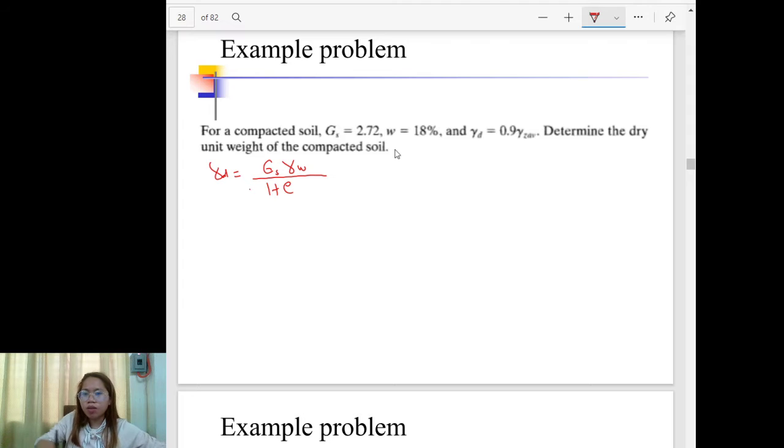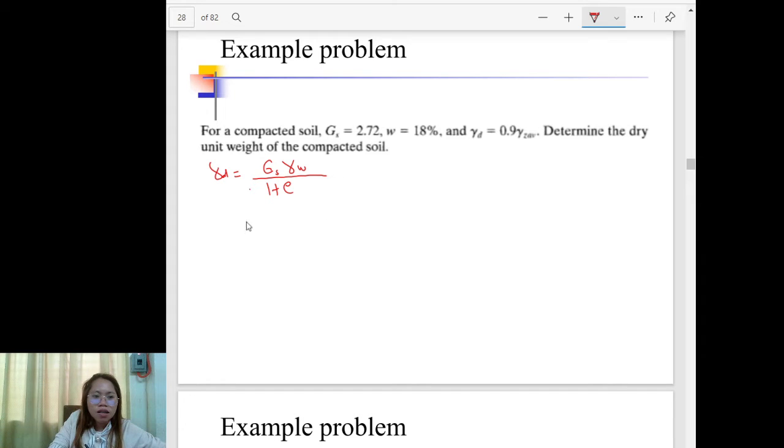But for the zero air void at a given moisture content, the theoretical maximum dry density weight is obtained when no air is in the void spaces. That is when the degree of saturation equals 100%. Hence, the maximum dry density weight at a given moisture content with zero air voids can be obtained by substituting.